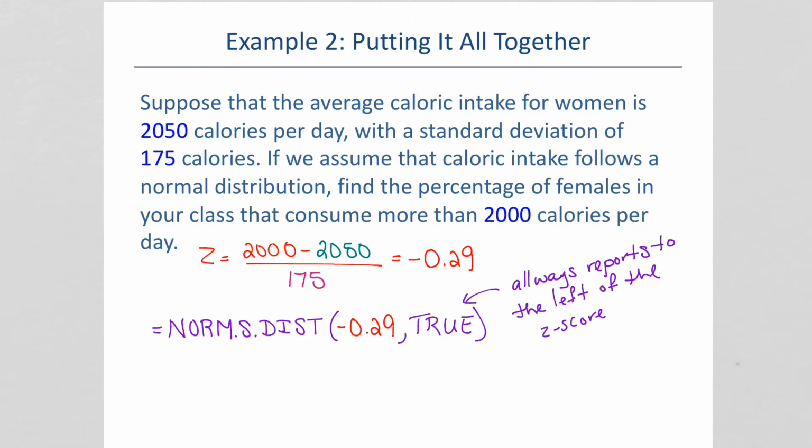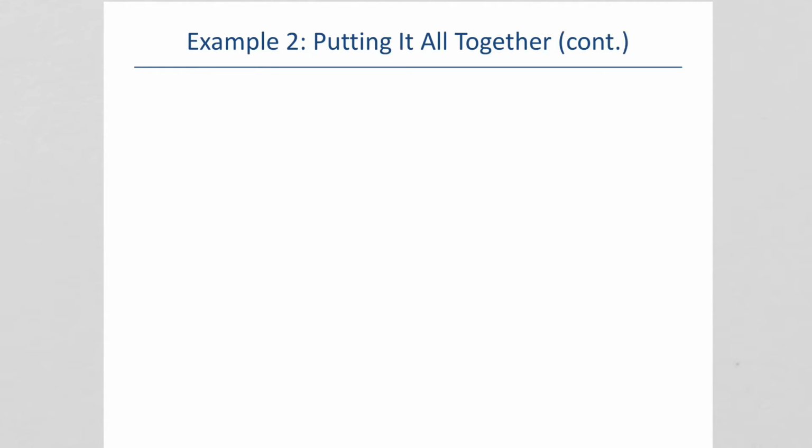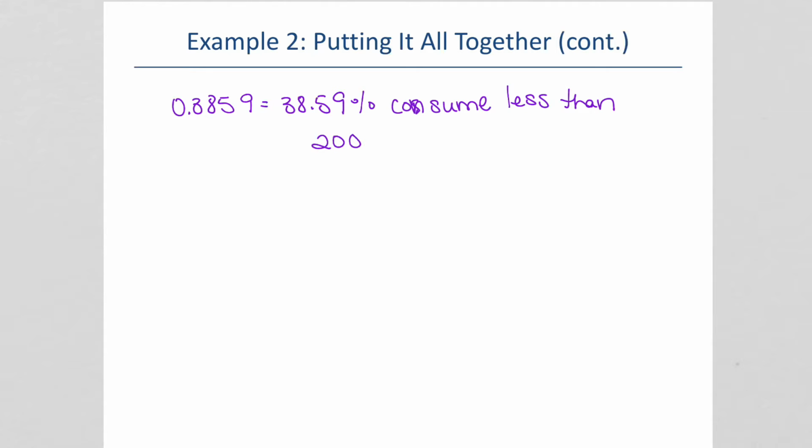So what we get when we put this into Excel is 0.3859. So we'll say that 38.59% of these women consume less than, remember I said to the left, less than 2,000 calories per day.